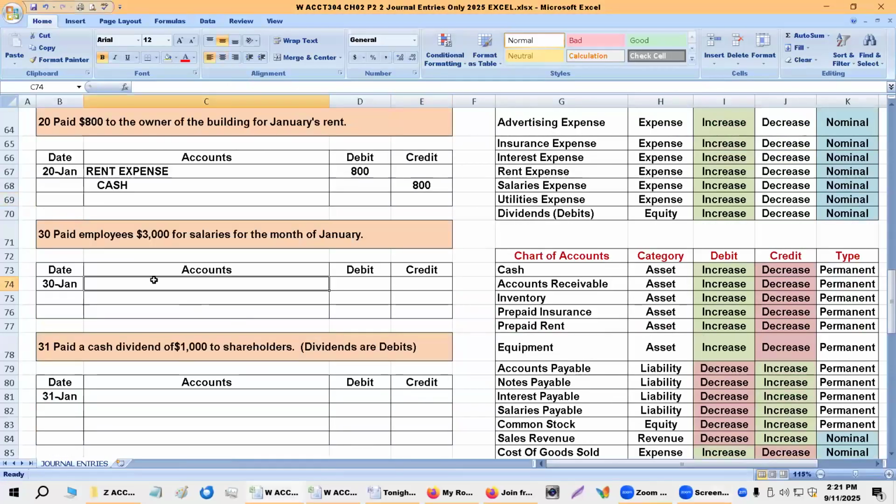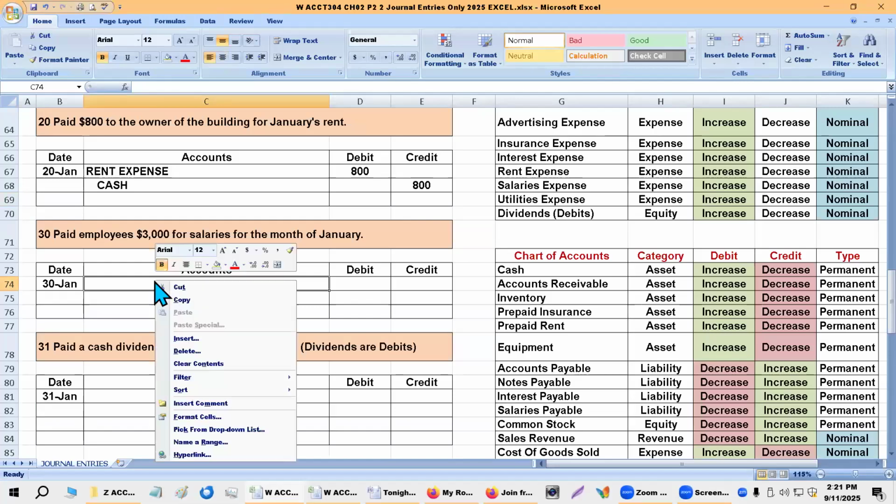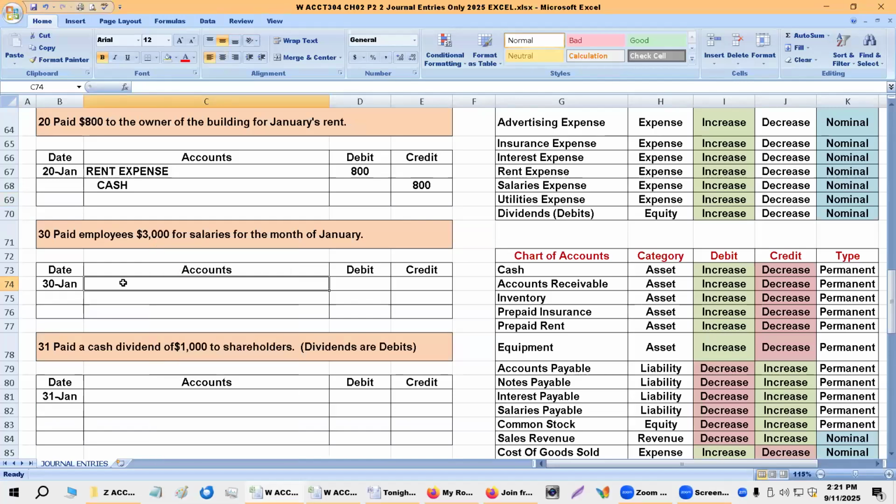Paid employees $3,000. What's the journal entry for that one? Salary expense debited 3,000, cash credit 3,000.